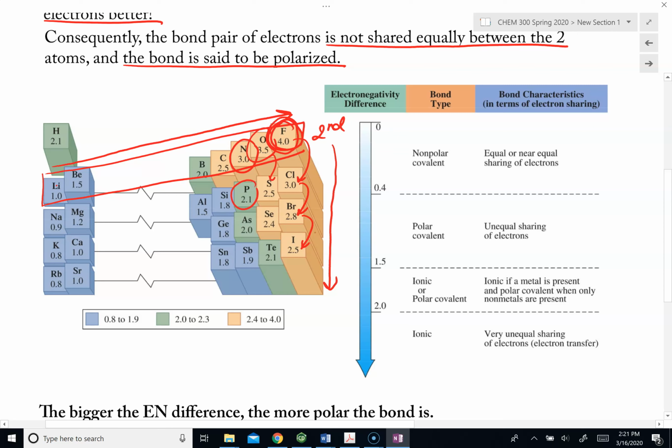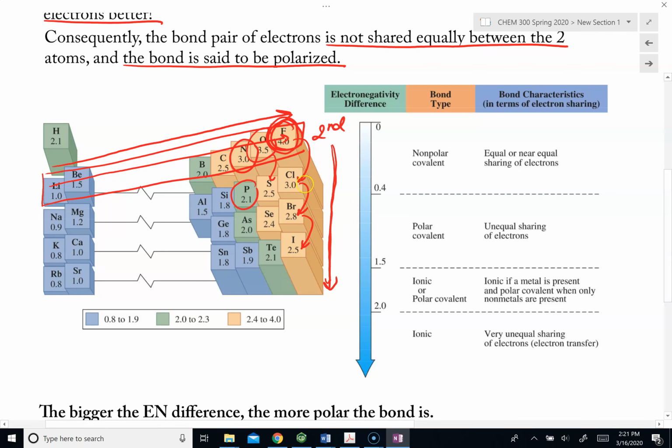So please remember that and understand that. First, electronegativity increases going from left to right and decreases from top to bottom. Now, why does it decrease from top to bottom? Well, the answer has to do with size as well.